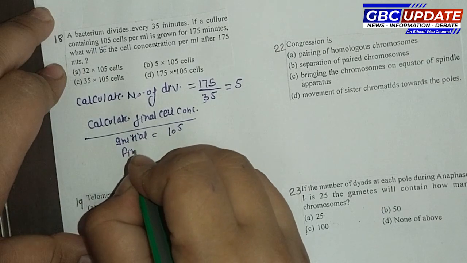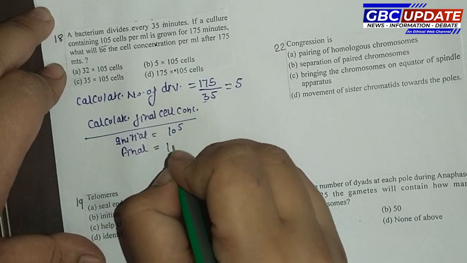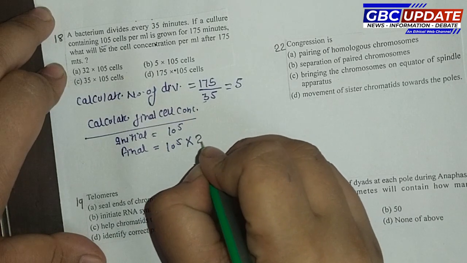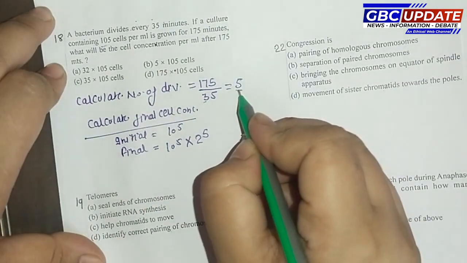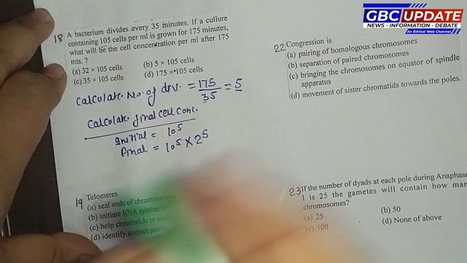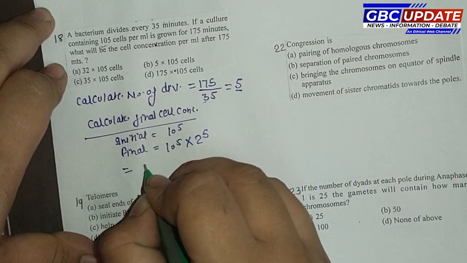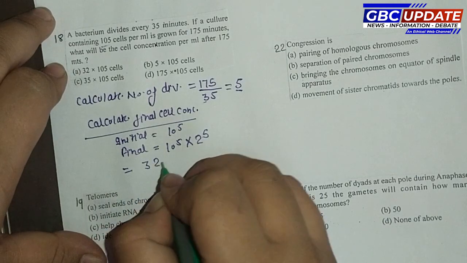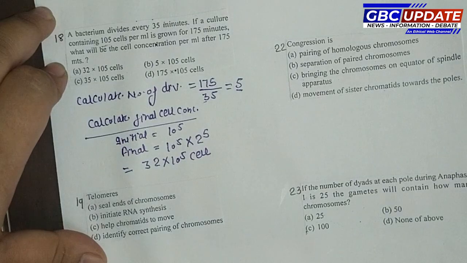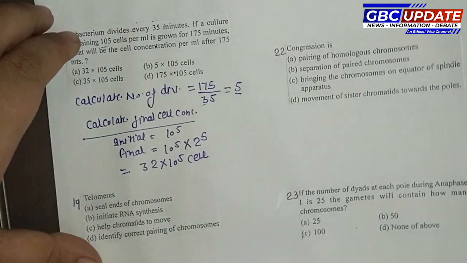Final will be 10 raised to power 5 multiplied by 2 to the power 5, because the number of divisions is n, and we are using the formula 2 to the power n. So the final answer will be 32 times 10 raised to power 5 cells per milliliter. So the correct answer is A.